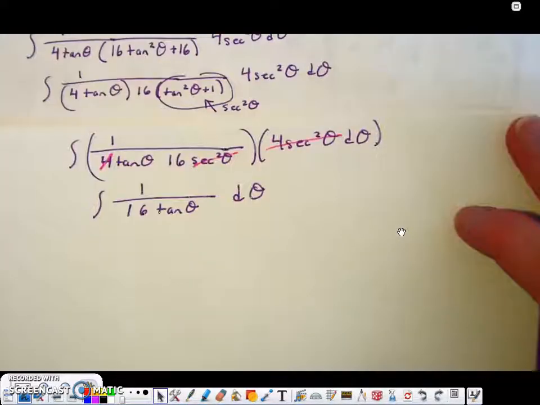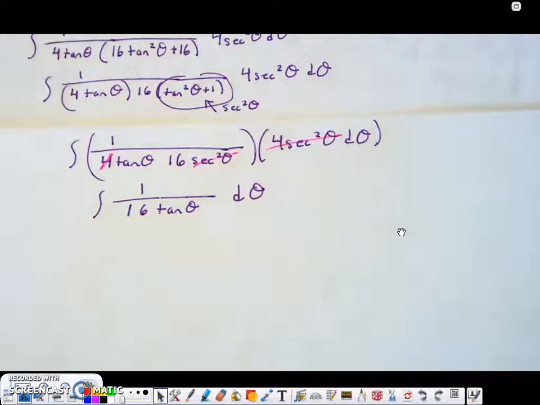Any idea how to integrate something with tangent theta in the denominator? Or even what would you do if it was in the numerator? Either way. 1 over tan theta is cotangent, but I don't really know how to integrate cotangent either unless I make a change to it.